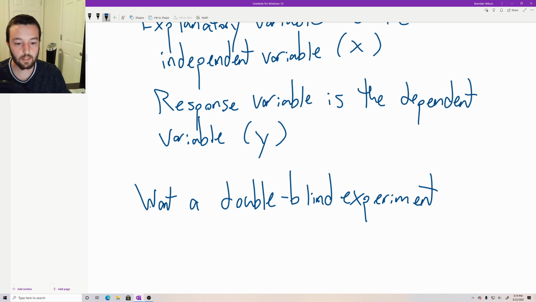Okay. But neither group knows, and the people directly administering it don't know either. So this is ideally what we want because we want to rule out the possibility of a placebo effect, right? Because placebo is very powerful and it can interfere with the results. So we need to always be accounting for it.